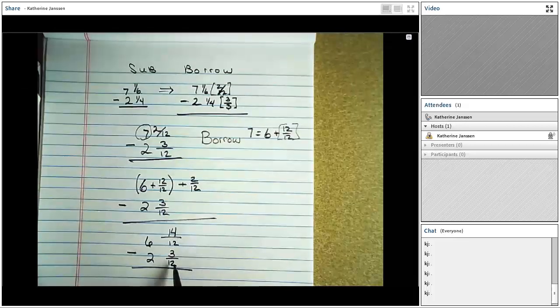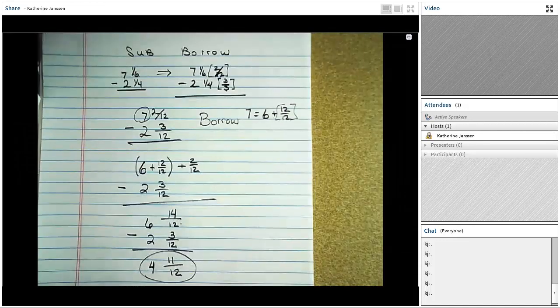So now I have the same denominator. 3 from 14 would be 11/12, and 2 from 6 would be 4. My answer is 4 and 11/12. So borrowing with care.